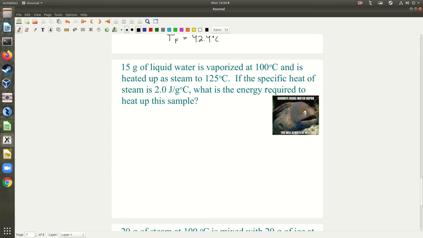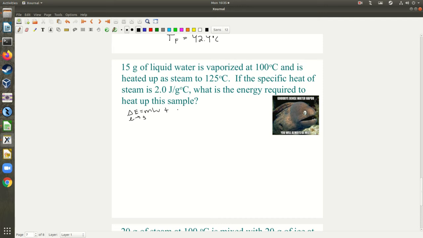So basically, we've got water, and it's going to undergo a phase change. For a phase change, delta E is equal to mL_V, to go from a liquid to a gas. Then once it's a gas, we have to heat it up.